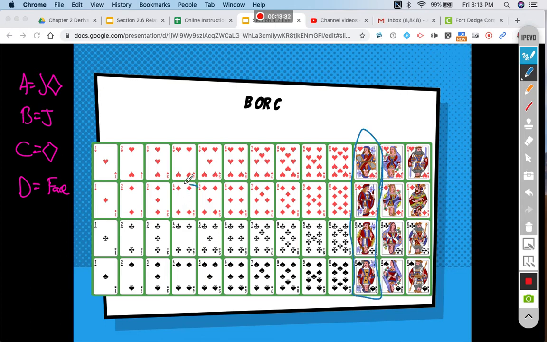C is all the diamonds. So we just had that. When we did B and C, we only wanted the jack of diamonds, the way they overlap. But now when we want B or C, any of these work and any of these work. So we got 13, 14, 15, 16 possibilities for the event B or C.